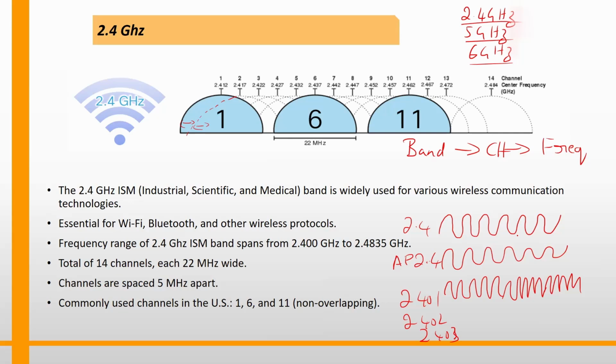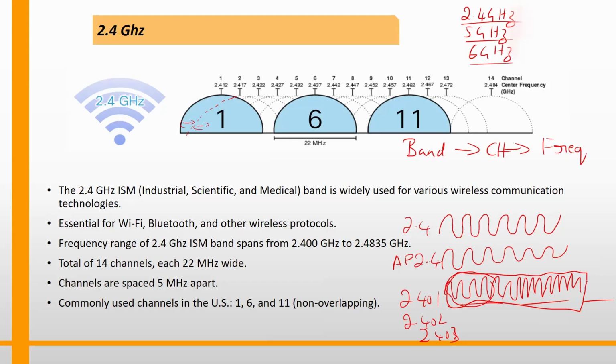And what is the objective of it? The objective is, suppose because of natural phenomena or any legitimate signal also working on 2.4 gigahertz, it is highly unlikely that it is going to have the same pattern. I am sending the signal for some time on 2401, then 2405, 2403, like this I am going to send on different frequencies. So the whole signal will not get hit by the interference, because some portion of the signal might be lost, but other portion will be intact because I am not sending the signal on the same frequency.